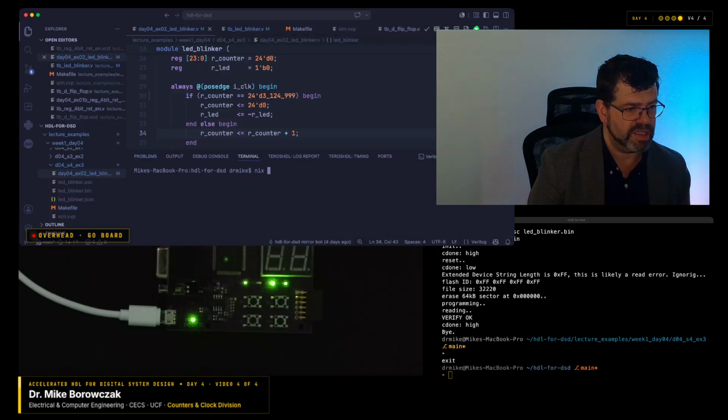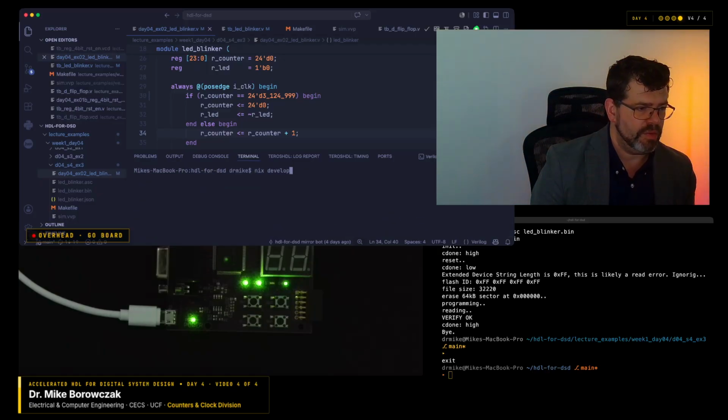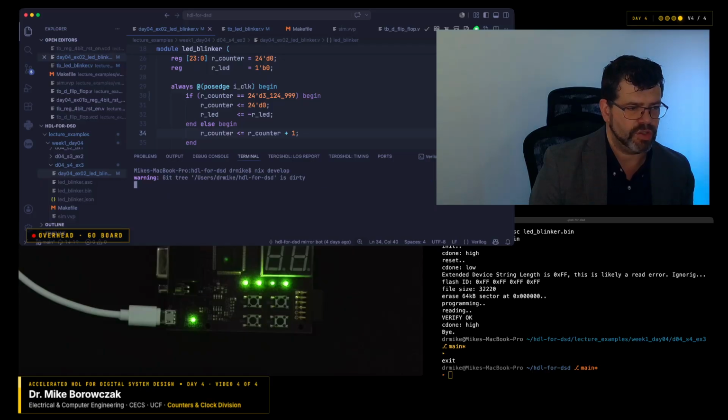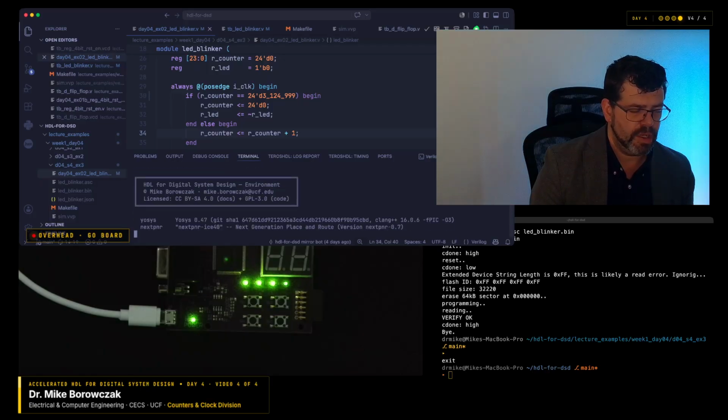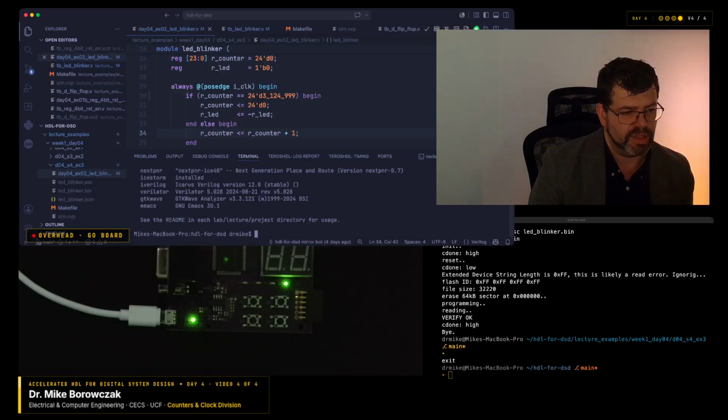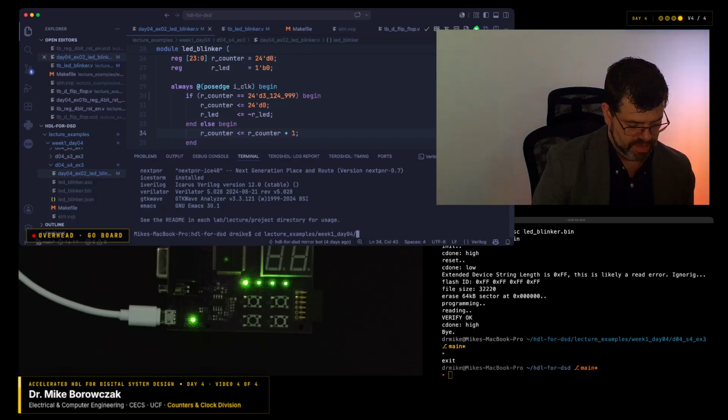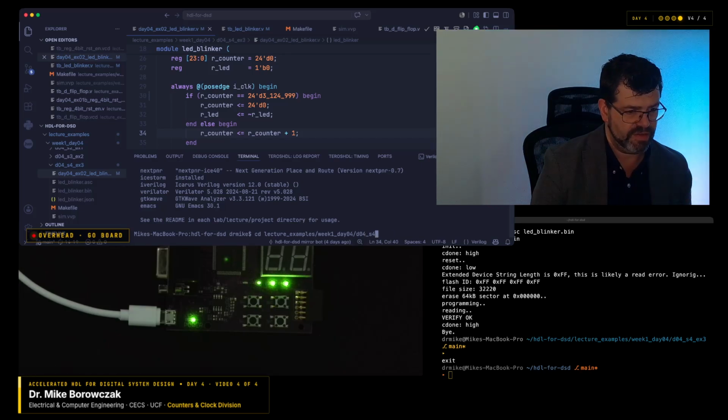So you should be able to do a nix develop, and it will run through the actual environment setup. You'll have access to all the tools that you had everywhere else, but only within this particular space. So what you need to do is still change directory to our lecture examples, week 1, day 4. And this is, again, day 4, sample segment 4, I believe.